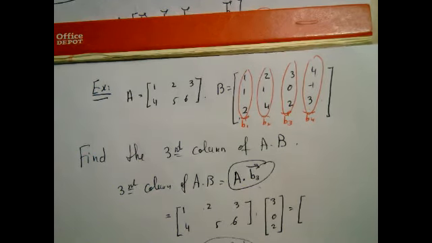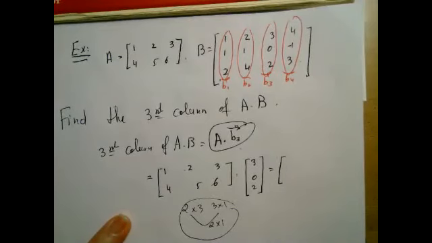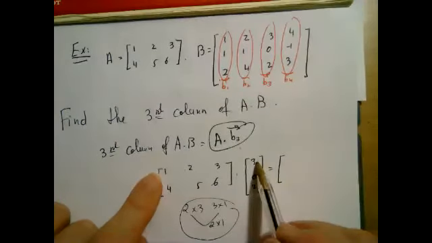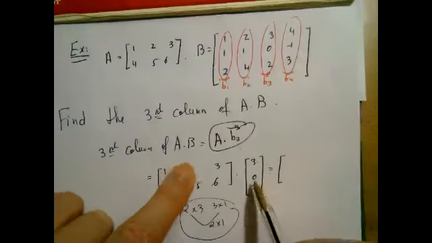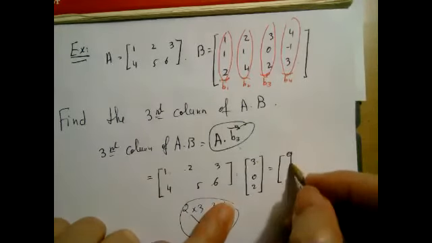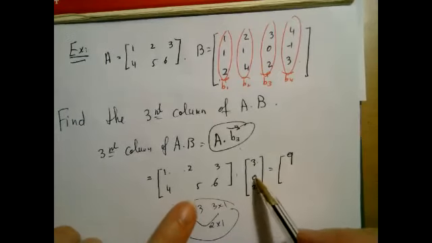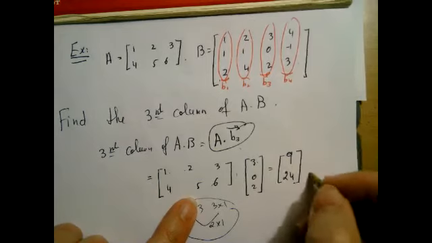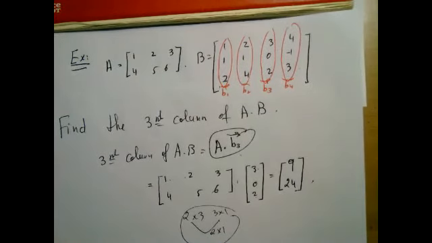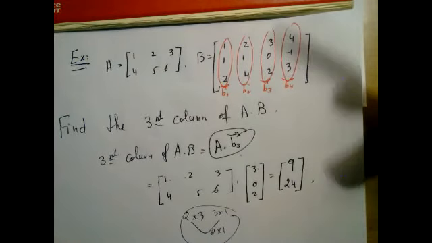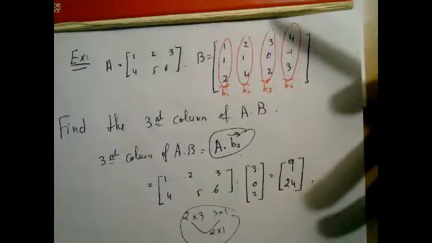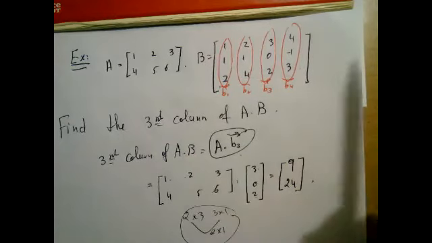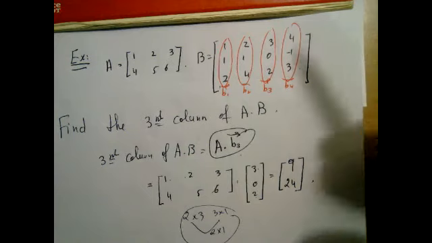So always ask yourself, what kind of matrix shall I get when I multiply? So I get 3, 0, 6, 12, 0, 12, 24. Okay. So now the idea here is to find the third column. What is the third column of the product? It's the matrix A times the third column of B. So that's really what it is.